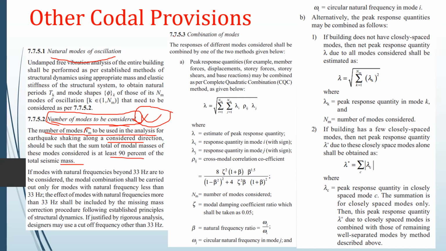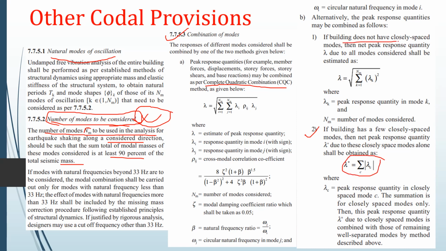And finally, 7.7.5.3 talks about the combination of modes. We mainly talked about three methods in our previous lecture: the complete quadratic combination method, the absolute sum method, and the square root of sum of squares method. If the building has a few closely spaced modes, for the net peak response quantity we perform the absolute sum.